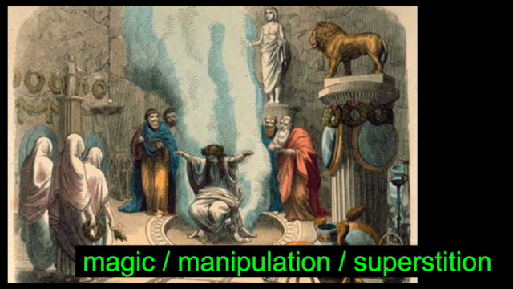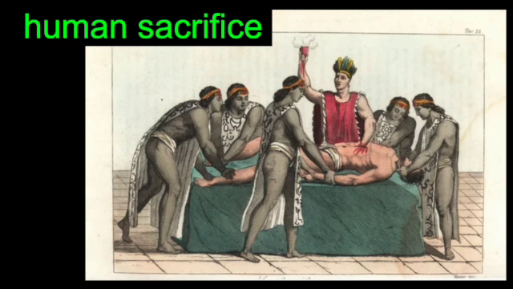And they thought that if they sacrificed something to an imaginary idol, an imaginary god, that the god would control the weather for them. So they might sacrifice animals, and if they were really worried about the weather, they might even sacrifice a human being. So magic and manipulation, attempting to control nature.